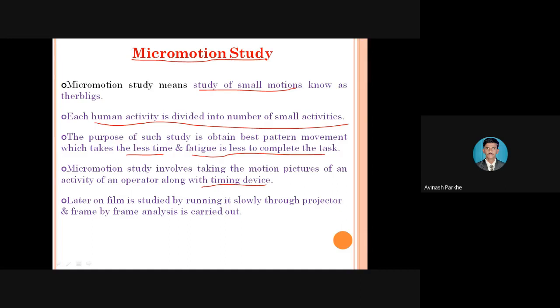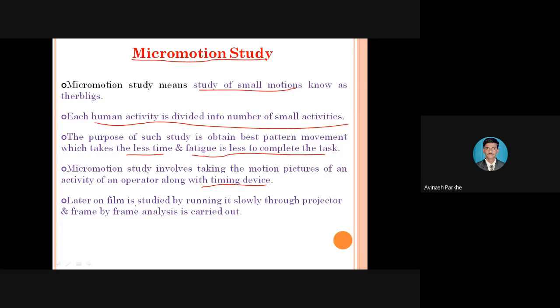That means 5 times we have to go for the movement. All those 5 movements are recorded in the camera in the form of motion picture, and for each and every activity we have to measure the time by using the timing devices.